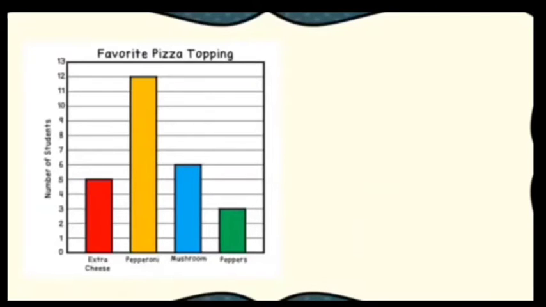First, observe this bar graph: favorite pizza topping. Here the information is there, watermelon, peppers. First you observe the graph and afterwards the questions. What is the title of this graph?